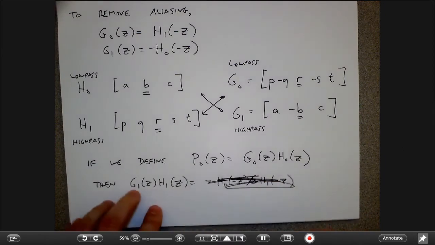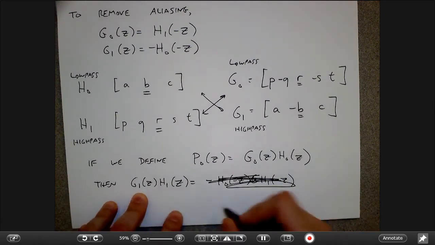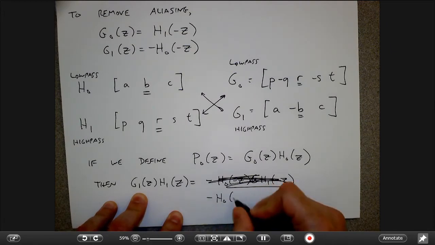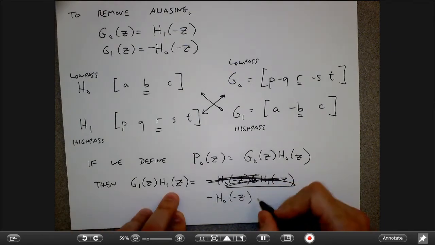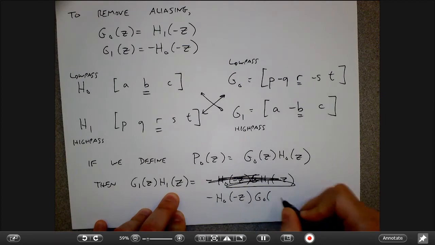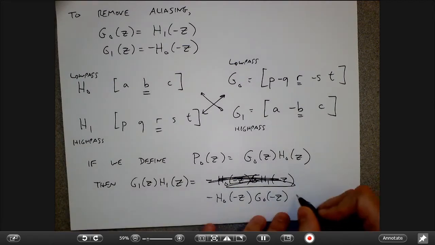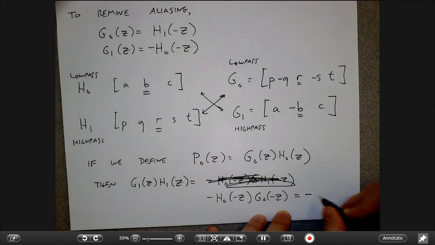What I mean to say is this would be minus H0 of minus Z, this would be G0 of minus Z, and so this whole thing would be minus P0 of minus Z.